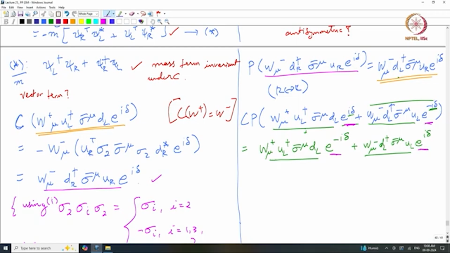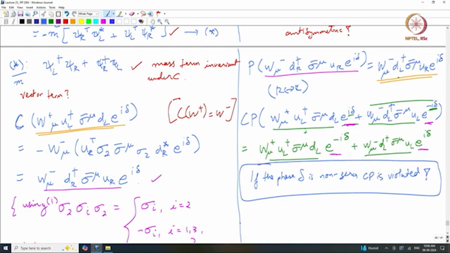So these two terms are clearly not equal to each other. In other words, if the phase delta is non-zero, CP is violated.